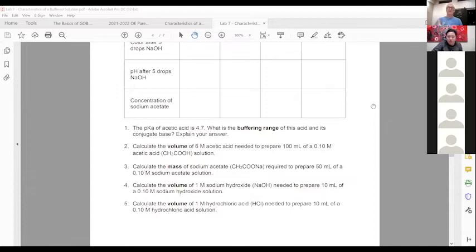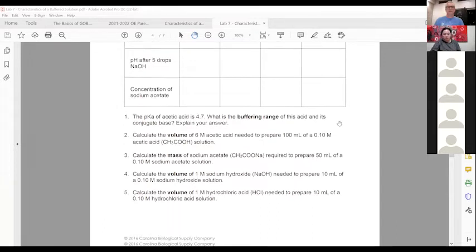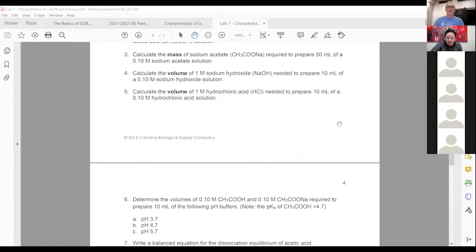And remember, the best buffer has relatively equal concentrations of acid and conjugate base. So there you go. Then just a couple of calculations, dilutions. We've basically done these before.